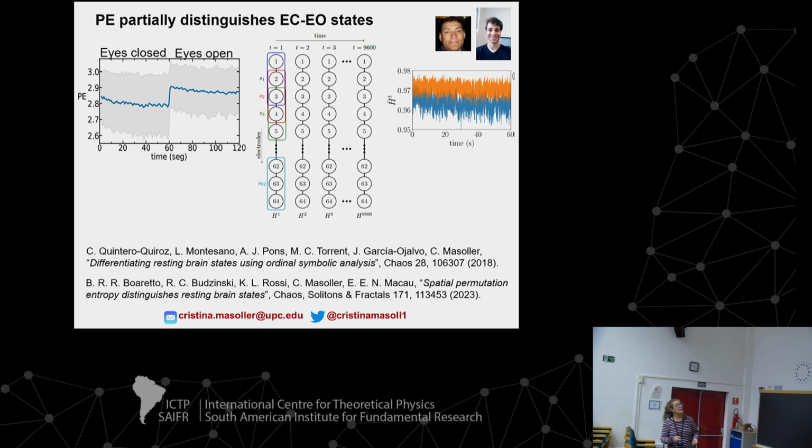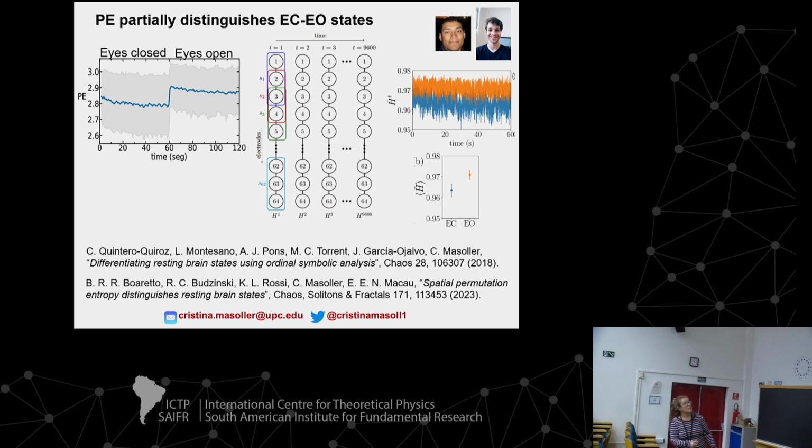So basically, this is how, as a function of time, the time series with the eyes open is up here, the eyes closed is here. And when we plot with error bars, we see a better separation than in this case. So in this case, in each time series, I compute the ordinal patterns, okay? And in this case, at each time I compute ordinal patterns.